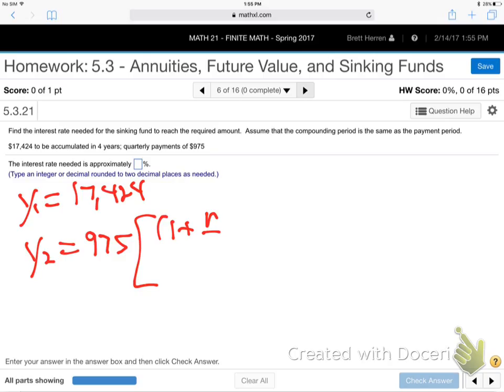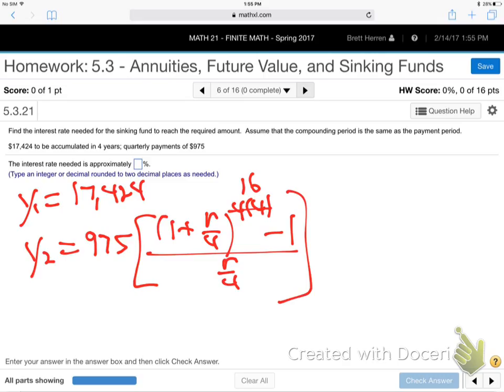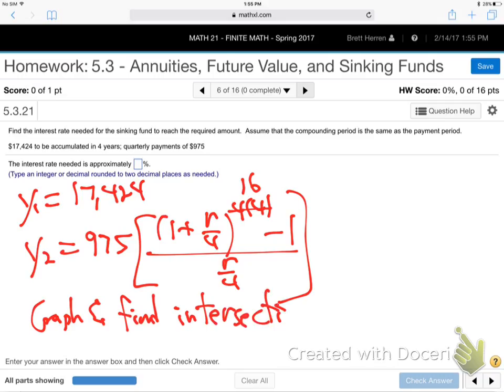It doesn't matter what letter you call it. Over 4 to the 4 times 4, I would just make that 16, minus 1 over r over 4. So that's y2. You have y1 and y2, and then you graph them and find the intersection.